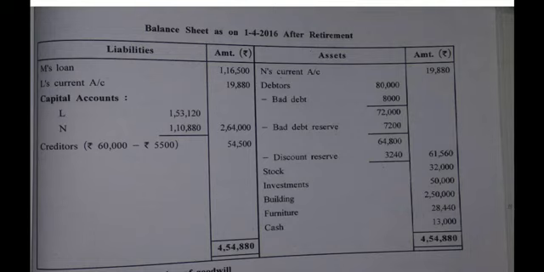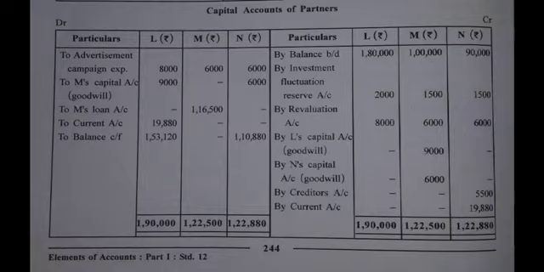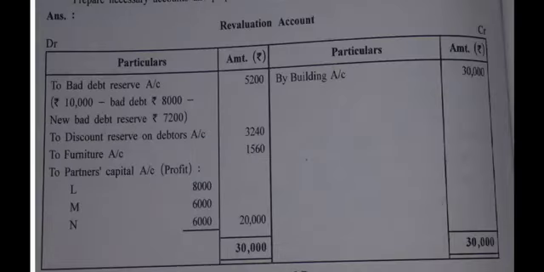Hope I'm clear. Yes, 3,240 is the second effect of discount reserve on debtors, and 5,200 before that is the amount of bad debt reserve.